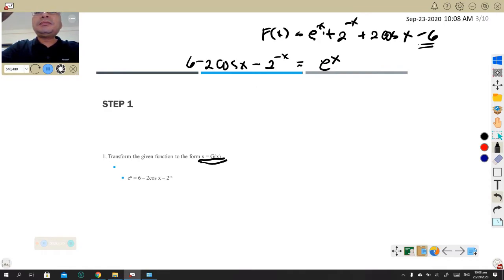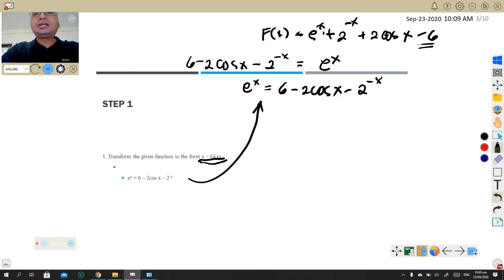Or simply, we rearrange the equation: e raised to x equals 6 minus 2 cosine x minus 2 raised to negative x. So that's where this equation came from.